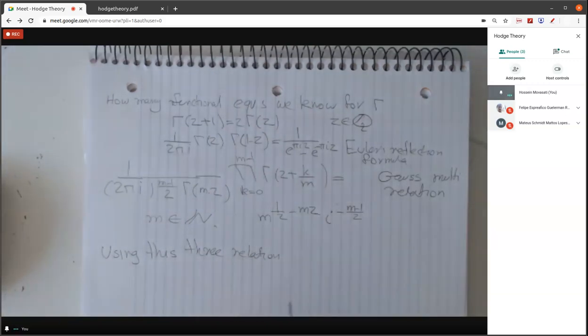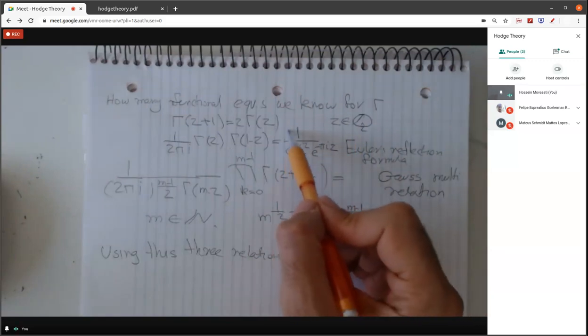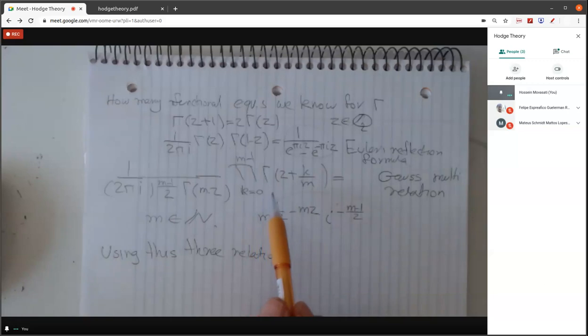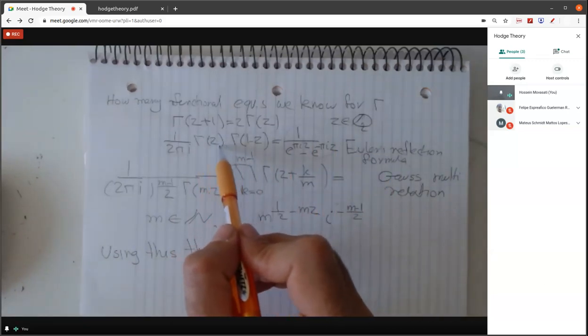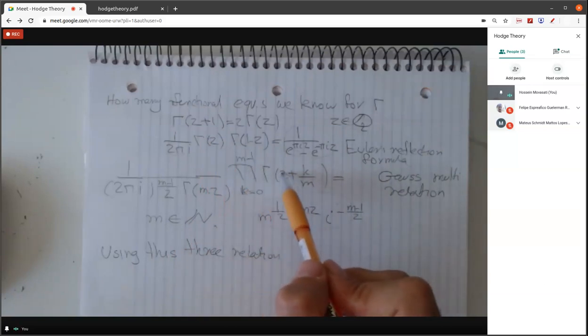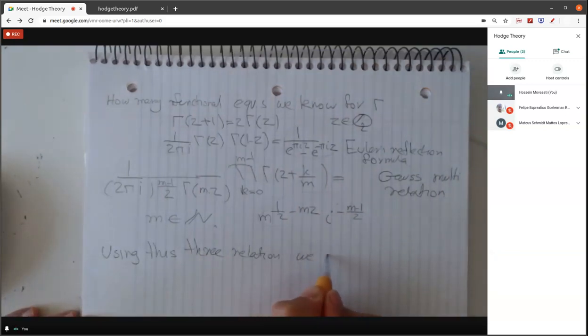Maybe before this one: if z is in Q, just remember that e^(2 pi i z) is an algebraic number. So when z is a rational number, we have many relations between the values of the gamma function evaluated on rational numbers.